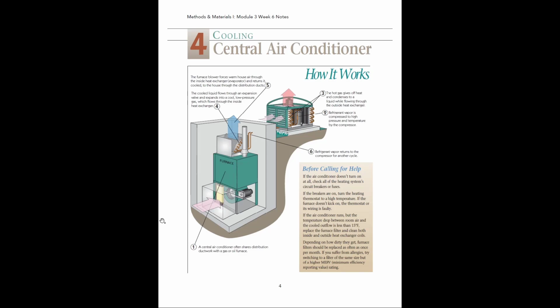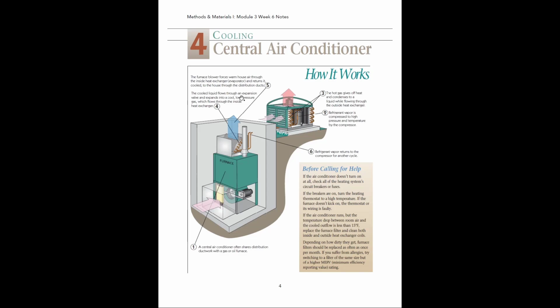The furnace is going to be drawing in warm air from the house, and that warm air is going to be moving past these coils, which are being refrigerated. These coils are being cooled down by the air conditioning unit on the outside, and as the warm air coming in passes through them, it's being cooled down and then distributed throughout the house.